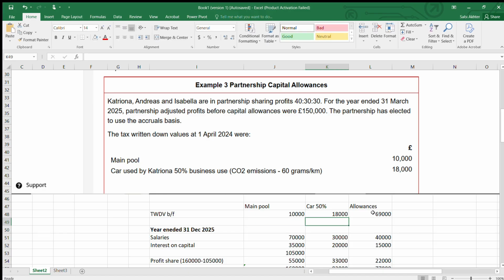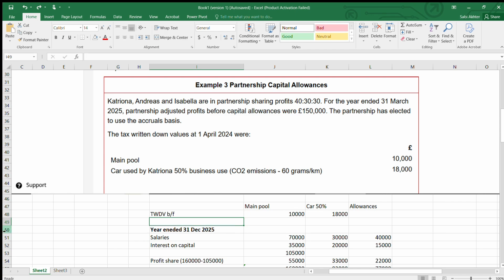Nothing goes in the allowance column; allowance is blank. Now what do you need? Remember, this is a car which has private use. It is not applicable for AIA, no FYA, looking at the CO2 emission, but it is applicable for WDA.